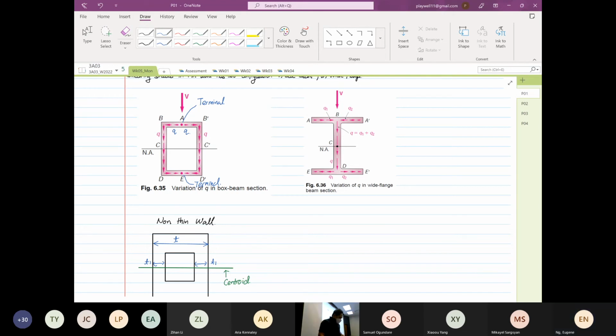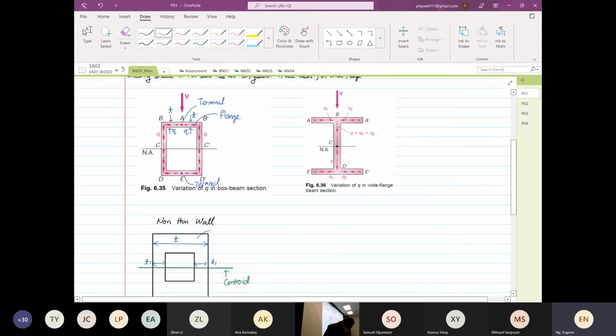So the thickness now changes. What do I mean by thickness now changes? In the box beam, or in thin wall, this is the thickness. So you can see in the flange region, if I call this a flange, not French, flange region.